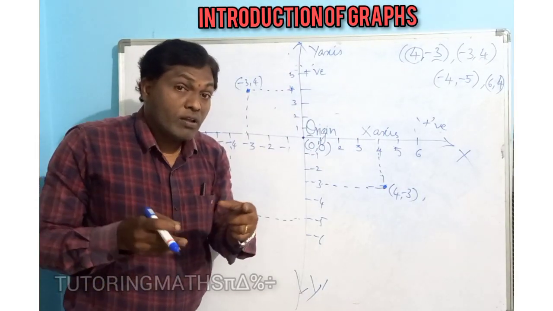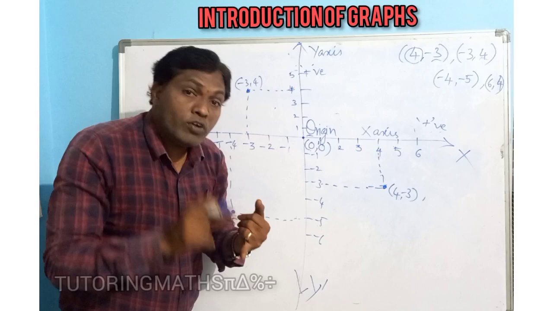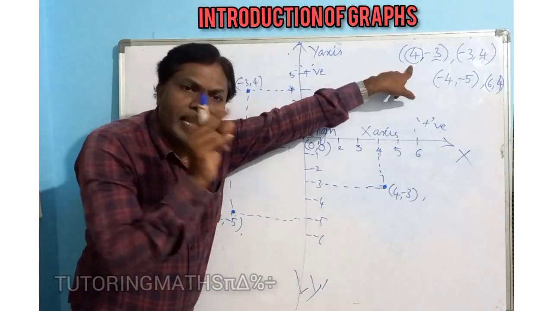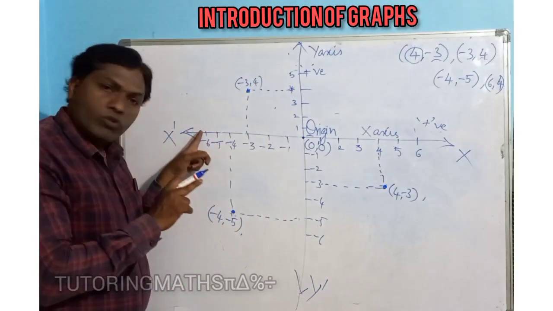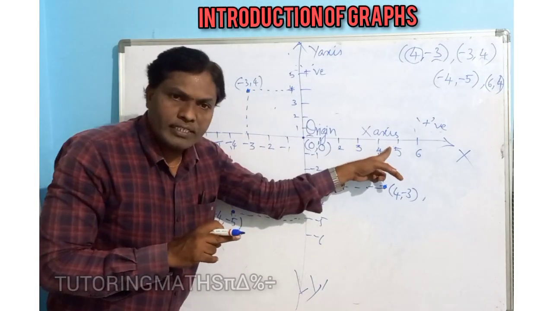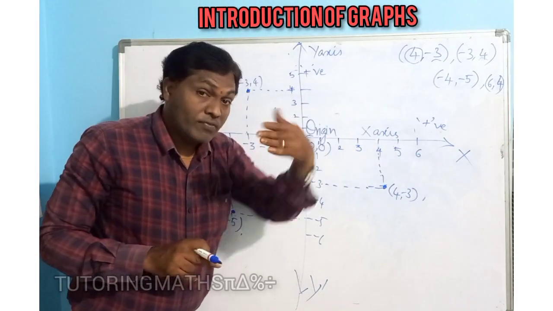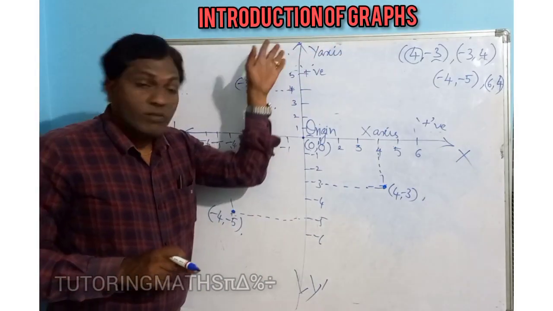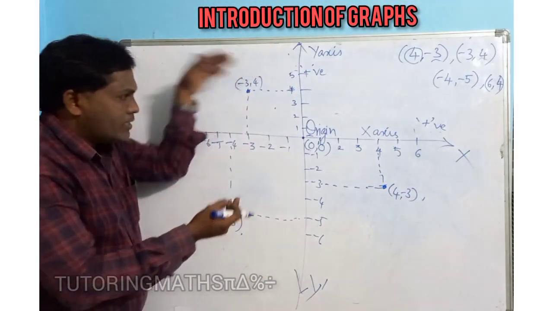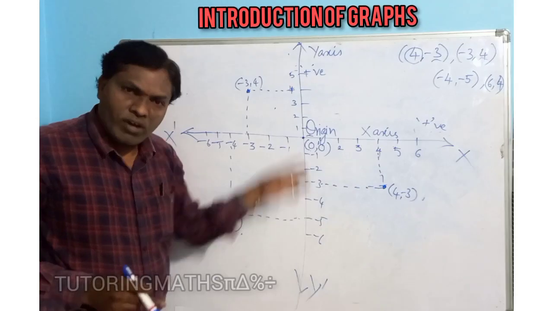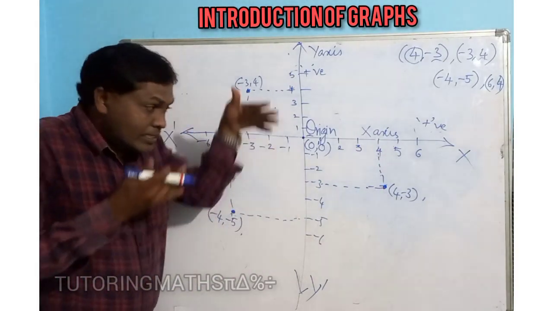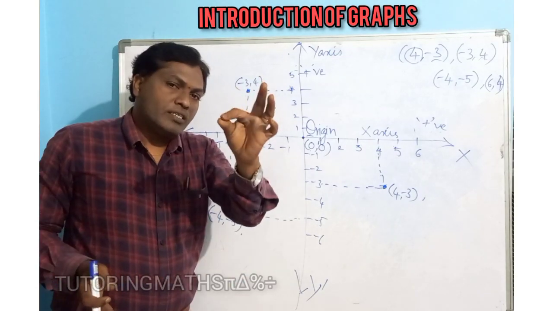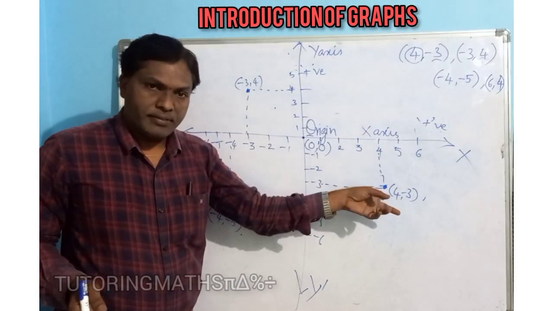So first of all, what we have discussed: you have to observe whether the coordinates are negative or positive. For the first coordinate, if it is negative, go to the left side; if it is positive, go to the right side. For the y coordinate, if it is negative, go downward; if positive, upward. After taking the positive or negative values, take the perpendicular distances; they meet at one point, and that will be the given point.